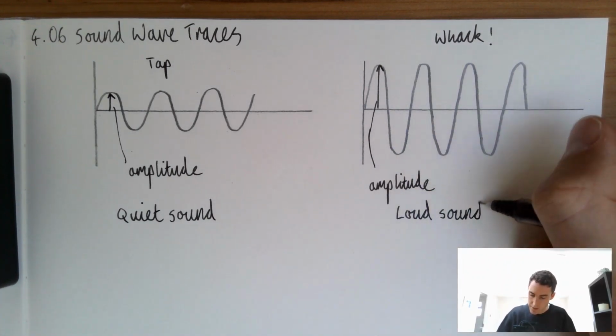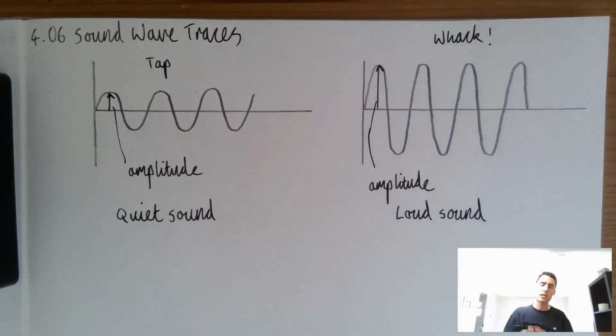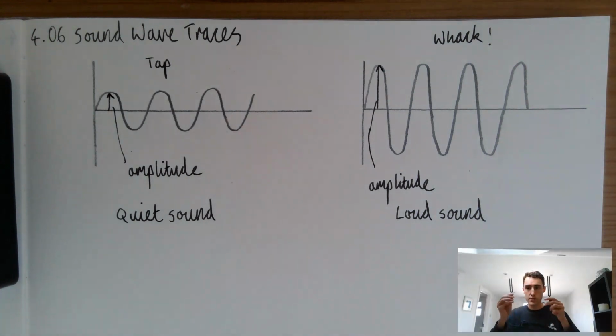So hopefully you can see I've just done the exact same thing that I did in the previous lesson. This time though, I am adding a layer of abstraction by representing this as a graph. Now I might do the same thing. In the last video we looked at the large fork and the small fork. I gave a very, well, I still think it's a bit of a dubious explanation, so I would love to be corrected actually on that.